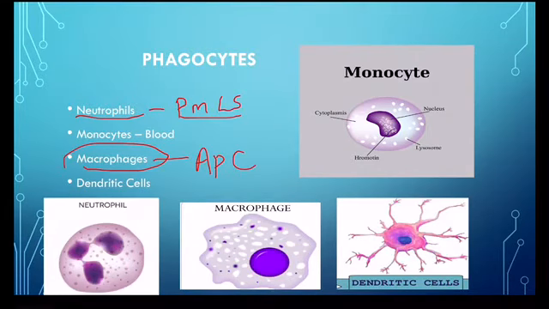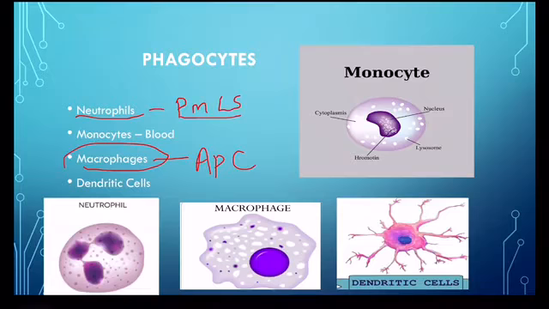The resting macrophages need to be activated for phagocytosis. After reaching different tissues, they are named differently. The macrophages present in the connective tissue are called histiocytes, the macrophages present in the bone are called osteoclasts, and the macrophages present in the central nervous system or brain are called microglial cells.